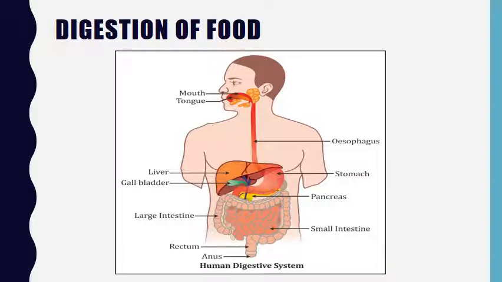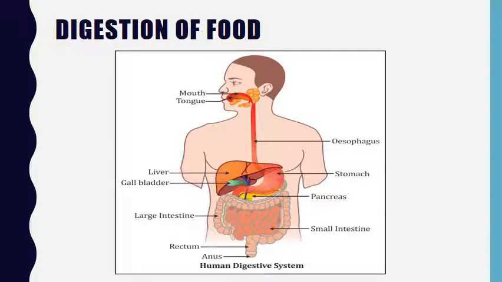Now after the mouth, when we swallow the food, it starts on its way through our body. First it passes from the mouth down a tube called the food pipe. Our food passes from the mouth through the food pipe into the stomach.